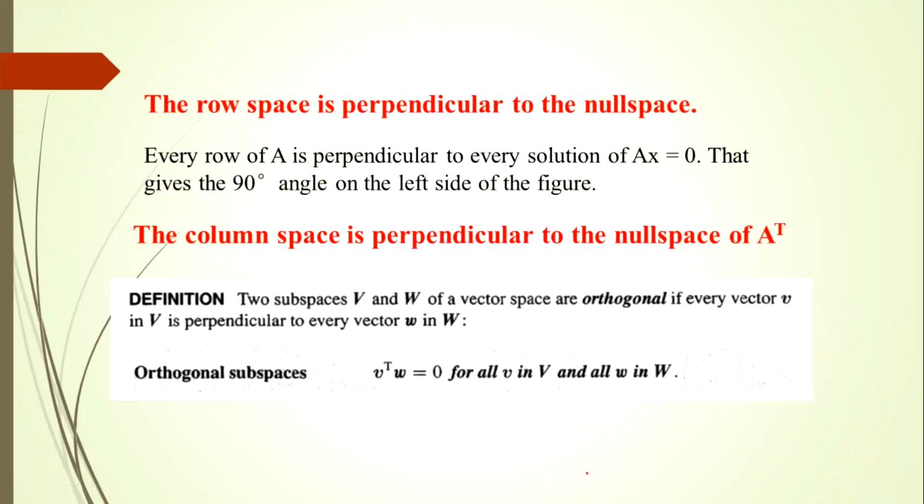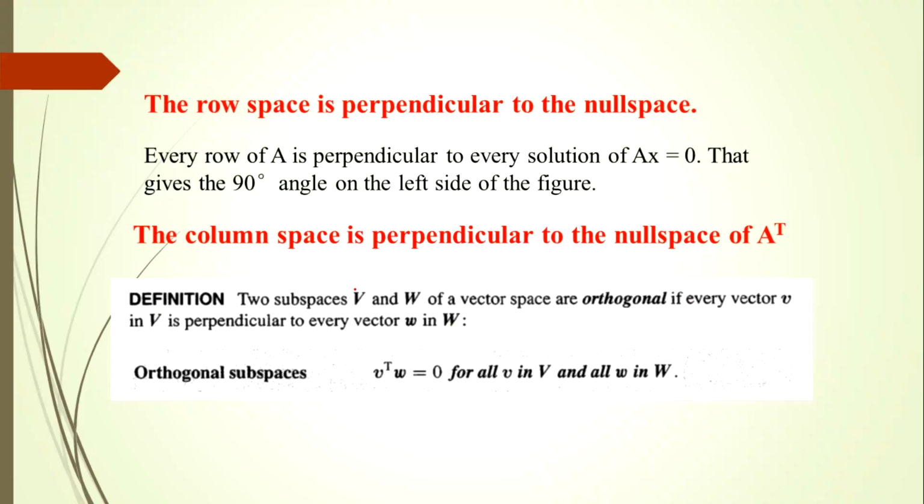Now let's read the definition of orthogonal subspaces first. Then we check what is the orthogonality between those four subspaces. Two subspaces V and W of a vector space are orthogonal if every vector v in the subspace V is perpendicular to every vector w in the subspace W. So are you clear about this definition?